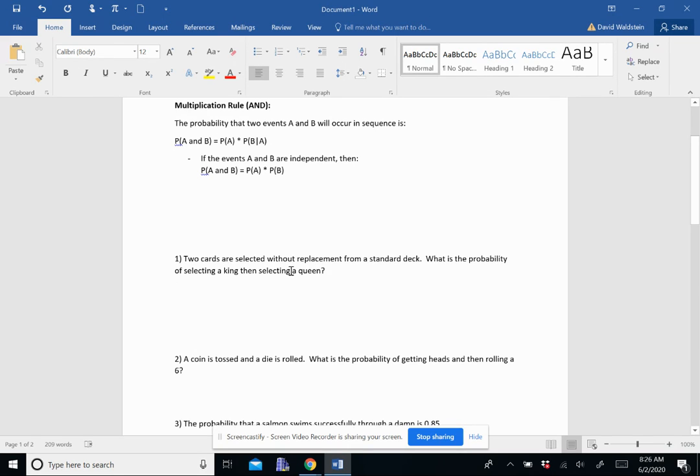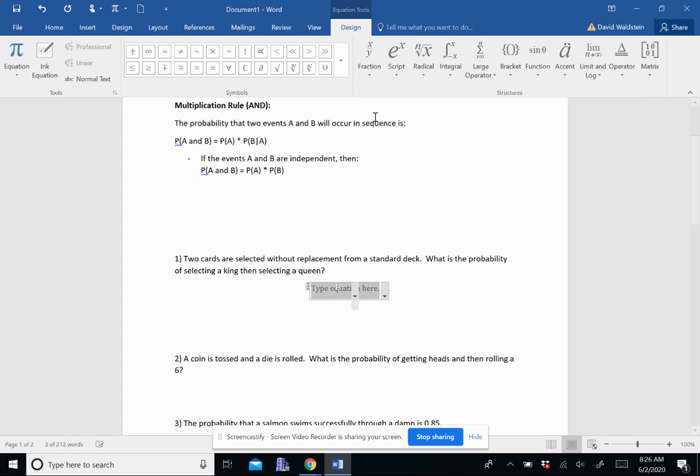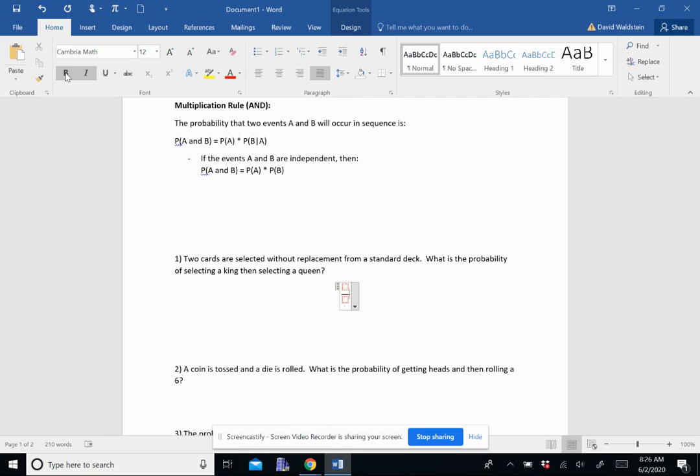All right, so two cards are selected without replacement from a standard deck. Remember, there's 52 cards in a deck of cards. What's the probability of selecting a king, then selecting a queen? There are 4 kings in a deck, so the probability of getting that king is 4 out of 52.